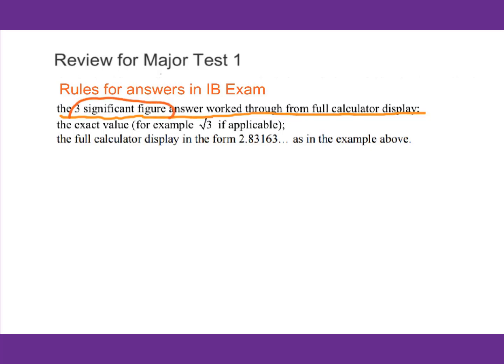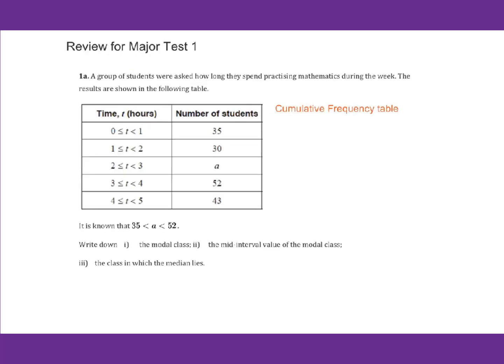Second, you can use an exact value like square root of 3, or you can use the full calculator display, for example, 2.83163 instead of 2.8318.